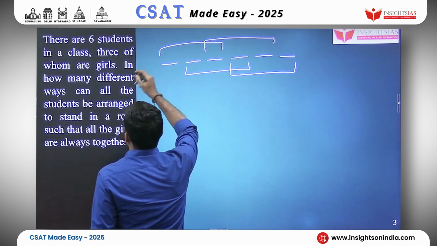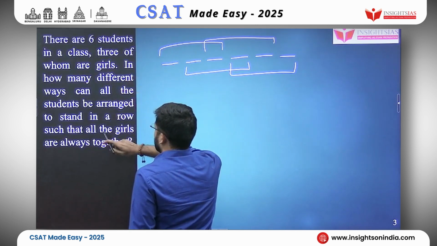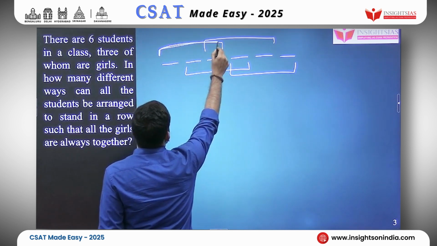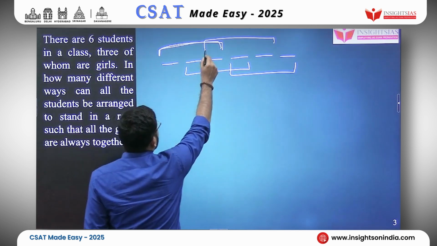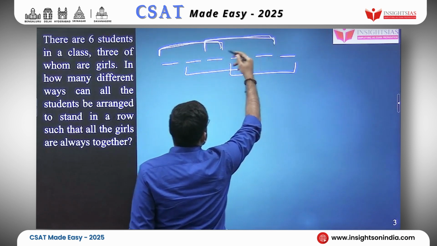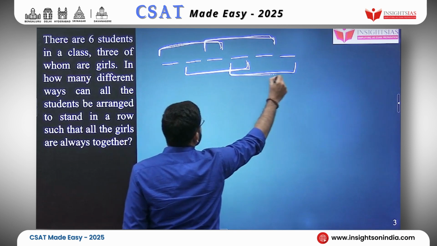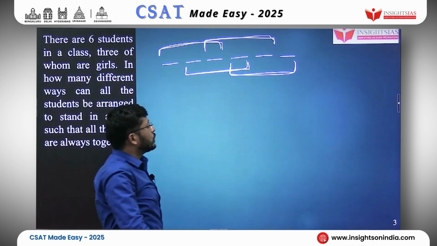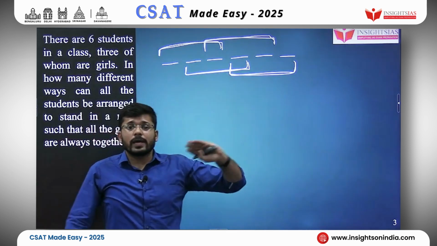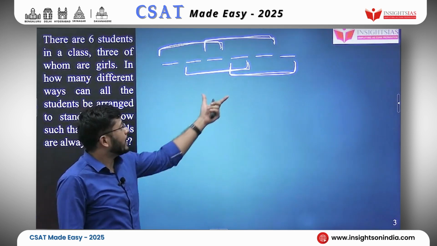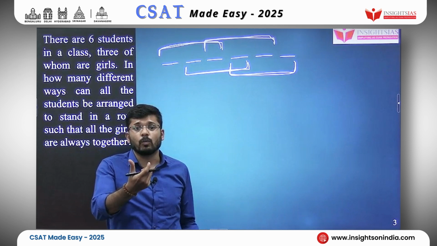They are telling us that all the girls are always together. So these 3 positions, they are forming a block, and these 3 positions, they are forming a block, and these 3 positions, they are forming a block. So in all the 4 possibilities where they are to be together, we can consider them to be a single block.